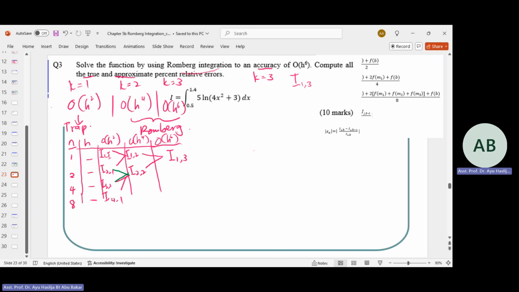Correct that. It is not I31 and I41. So we don't need this part. Cross it out. So the n is until 4. You have 3h.